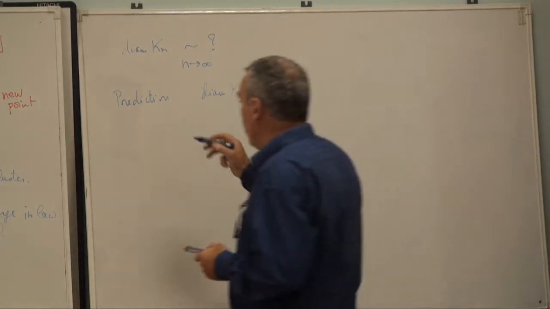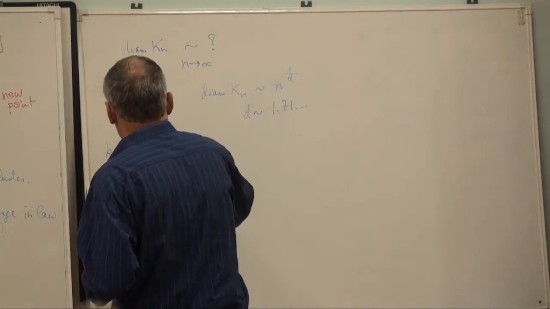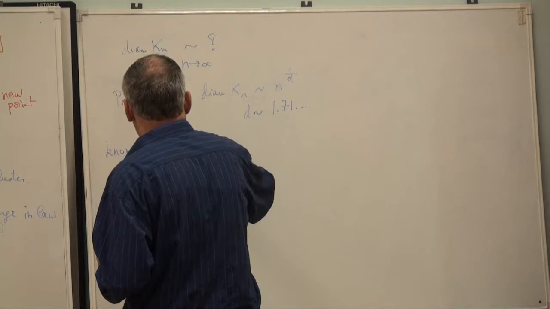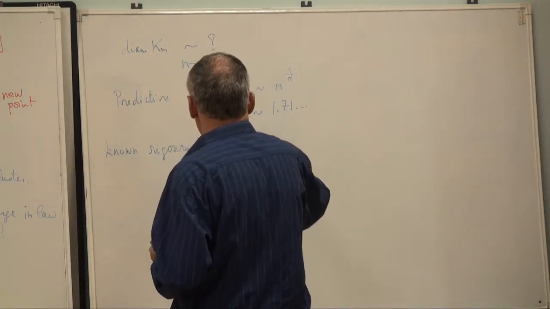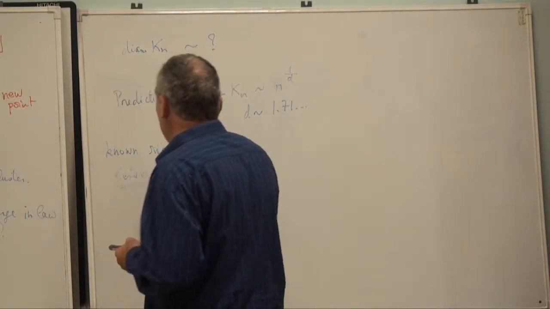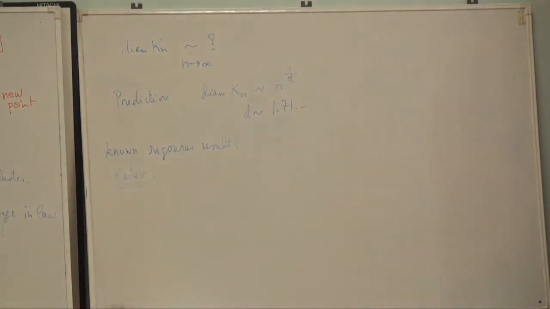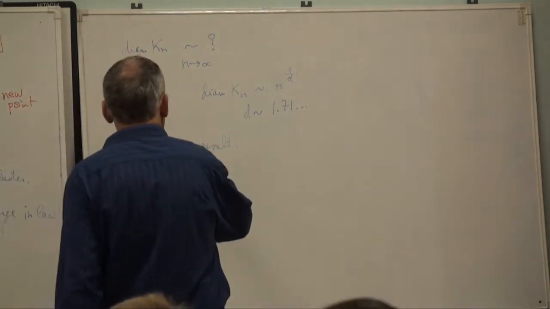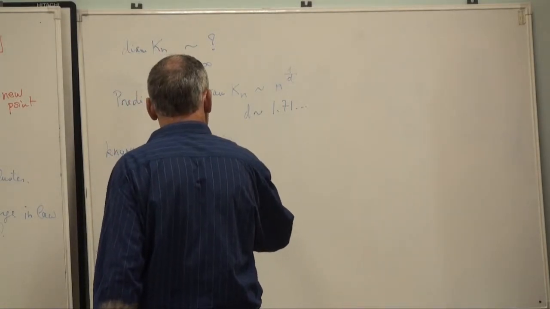The only rigorous known result is due to Kesten. We will not prove this result, but we will prove a similar one for Hele-Shaw flows. So Kesten showed that d is greater than 3/2.